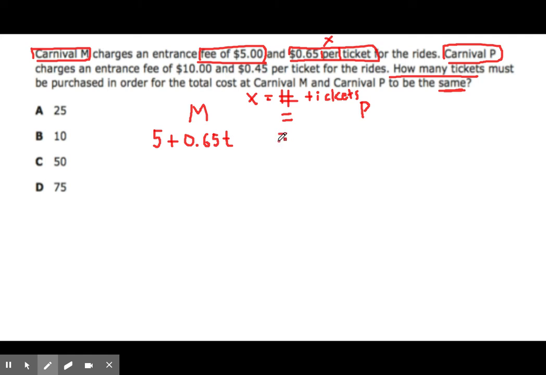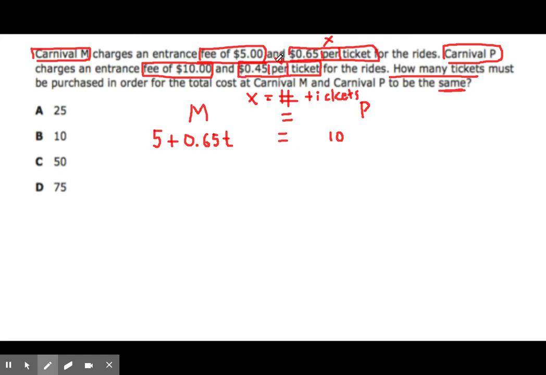So that all has to be equal to Carnival P. So let's see what we know about Carnival P. So Carnival P, they charge an entrance fee. Again, here's that word fee. That tells me that's my constant. So I need to take that $10. And they also charge a 45 cents per ticket. Again, here's that word per.